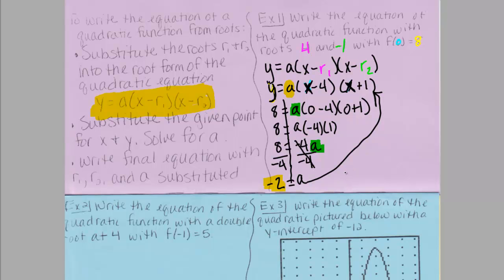So our answer will be y equals, instead of the highlighted a, we're going to replace it with the highlighted -2. So -2, and the rest of it all stays the same. X minus 4 and x plus 1. And that is our answer.